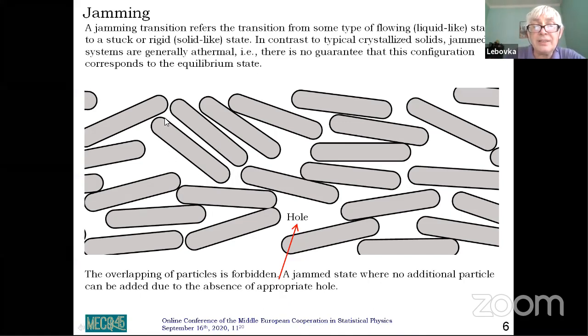I want to present here discorectangles. They are placed on a plane, and the overlapping of particles is forbidden. That's why after some parking, we have a state where we have some holes, but in the jammed state, we have no additional place for placement of additional particles.